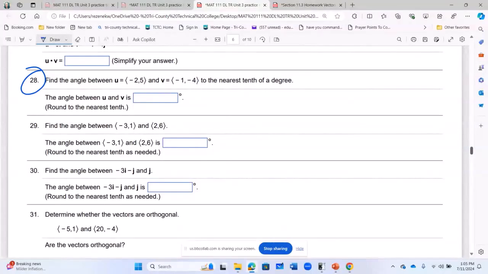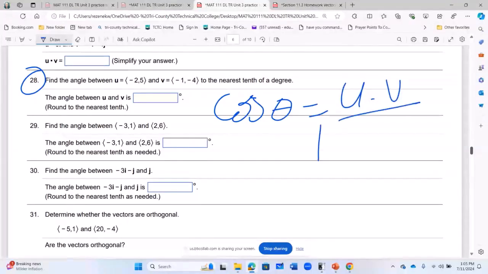So you write the formula: cosine theta, the angle between two vectors, is the dot product of the vectors divided by the magnitude of the first one times the magnitude of the second one.